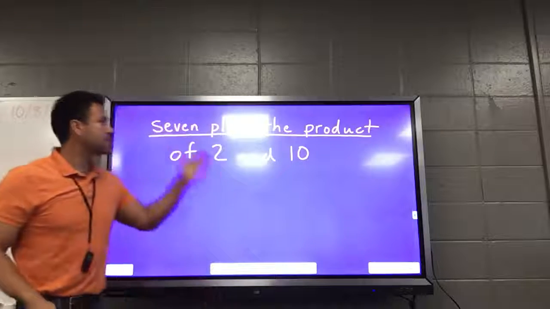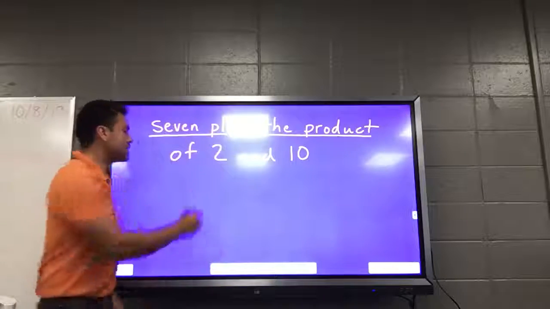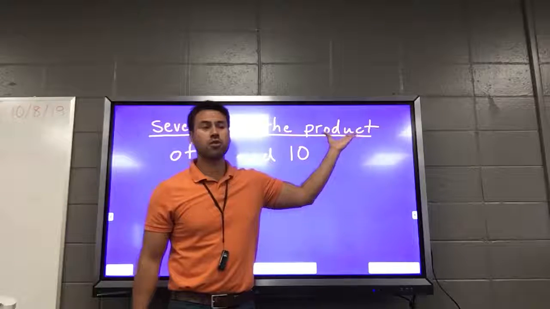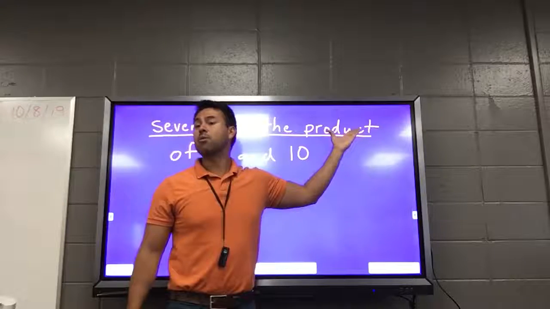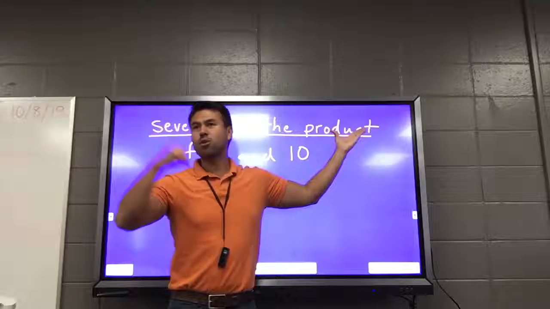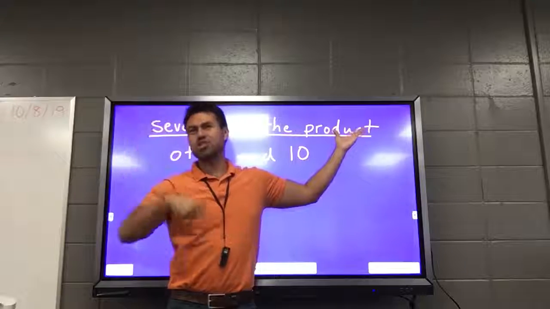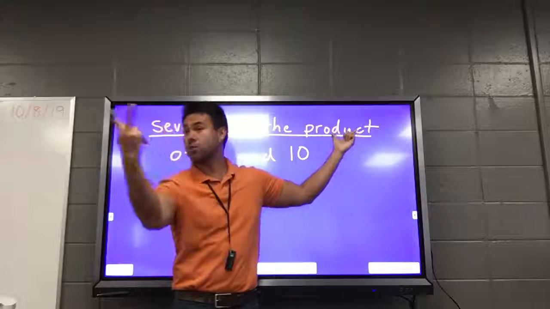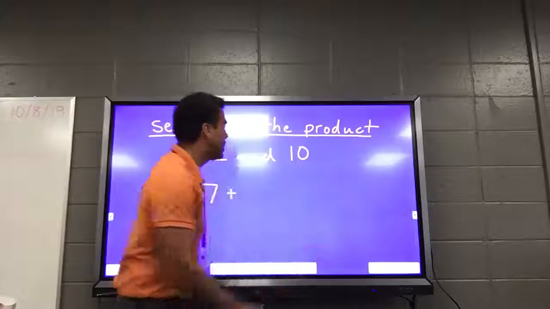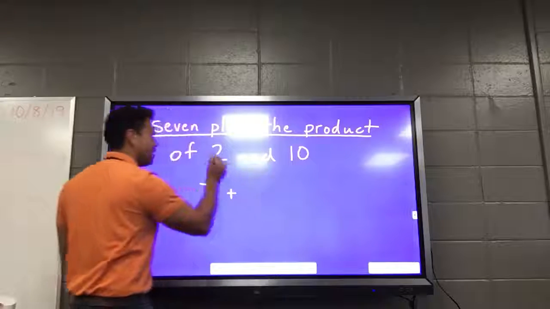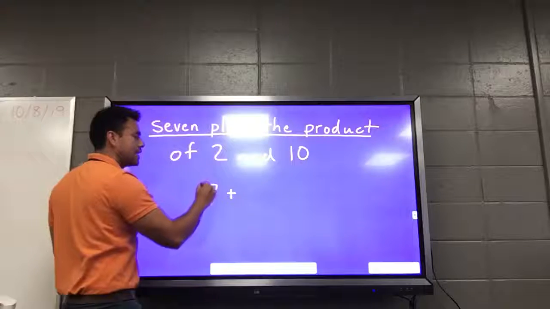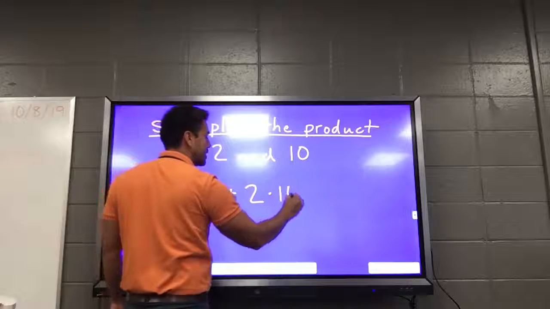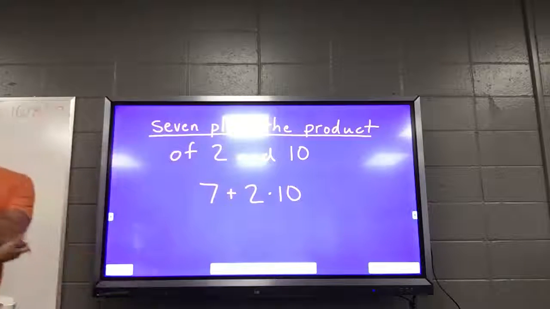What does a product refer to? Multiplication. Whether multiplication, division, addition, or subtraction, you're going to have two things, right? The product of what? 2 and 10. 7 plus the product of 2 and 10.